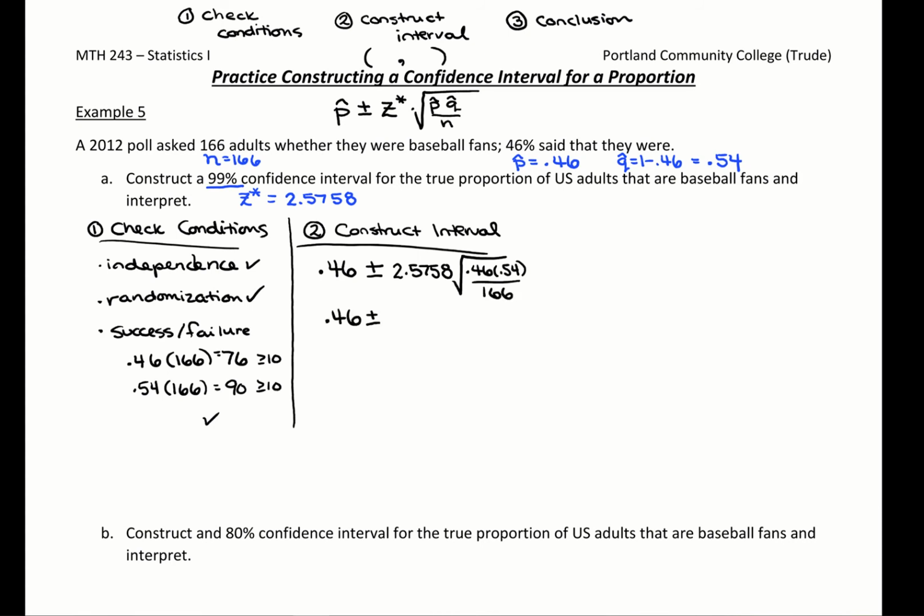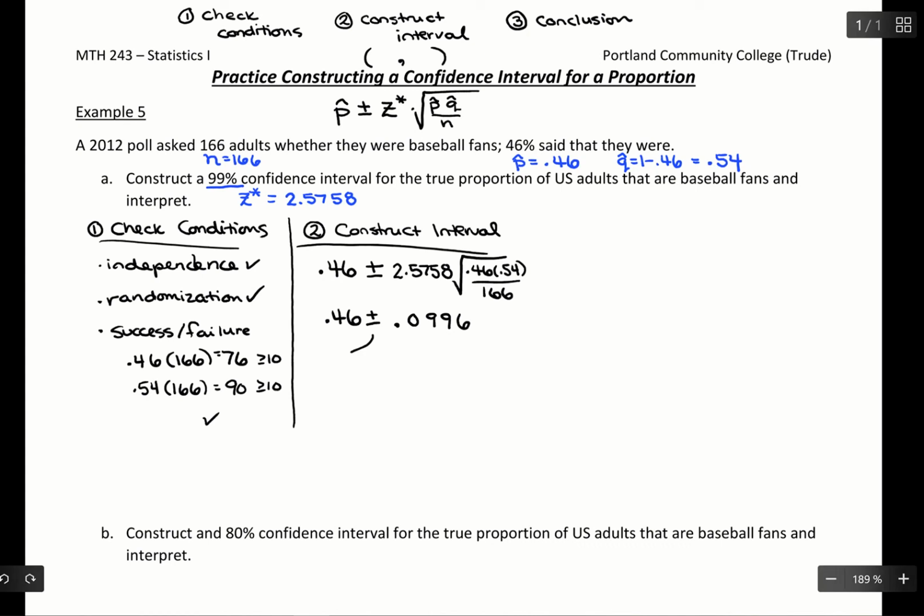And with this, it's good to just plug in everything on the right-hand side of the equation, and then you can get a single number that you're going to add and subtract with. So over here, we're going to have a 0.0996. Be sure to keep things to 4 decimal places as much as possible for accuracy.